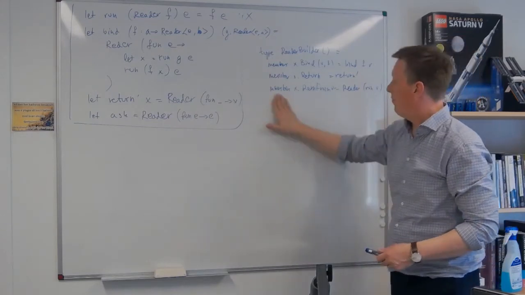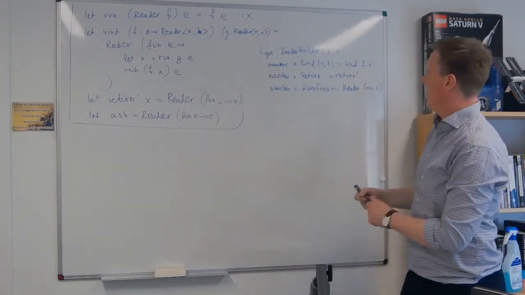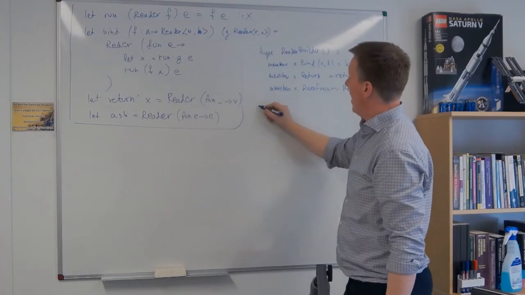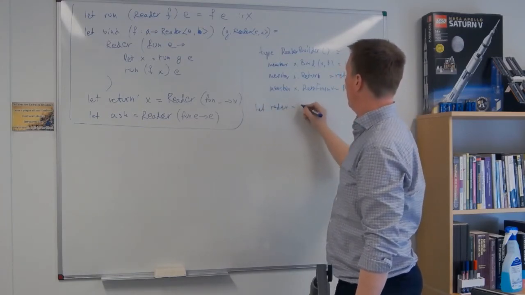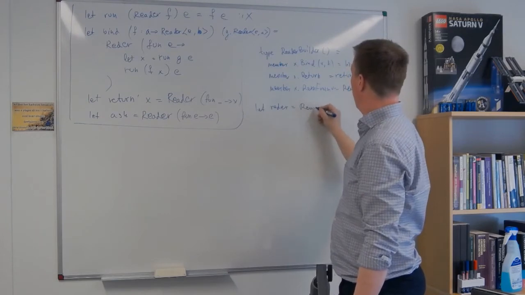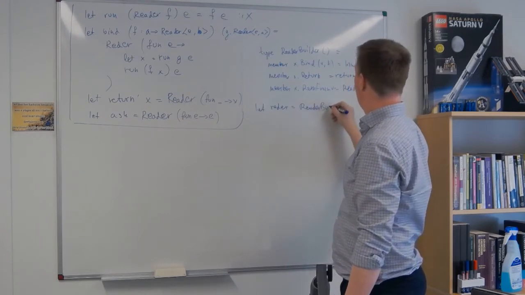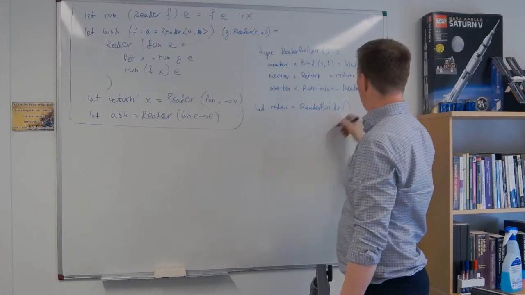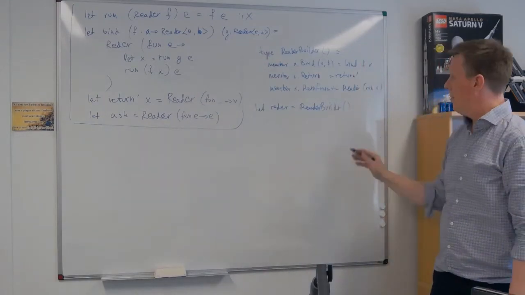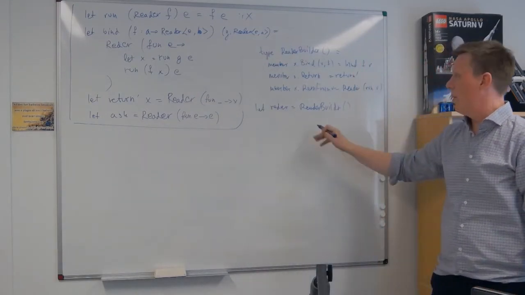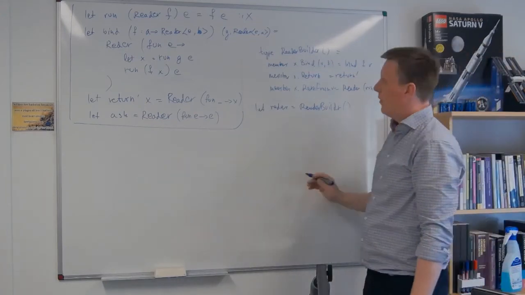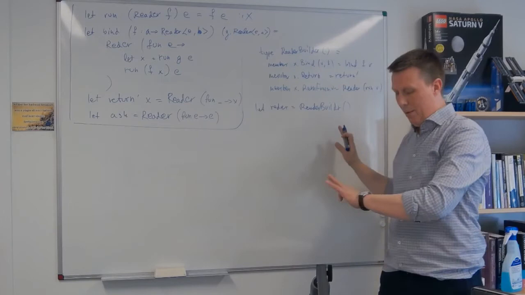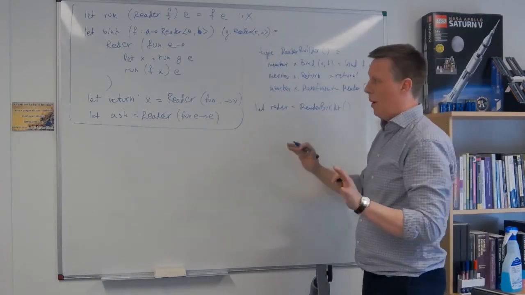Okay, so these are the three things I need to define, and then I can say let reader equals reader builder, and instantiate that builder to create the reader object. Now we can do some cool stuff. And now this is the moment we have been waiting for, the whole point.